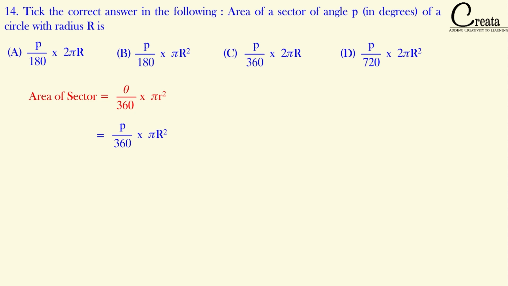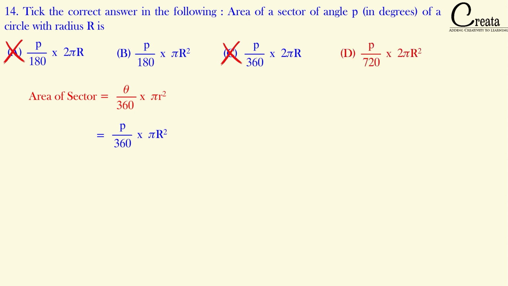So we got P upon 360 into pi r square. If you observe the four options, none of the options exactly matches. Firstly, let's cancel out A and C. Both have 2 pi r. In our case, it is pi r square. So only B and D are matching.